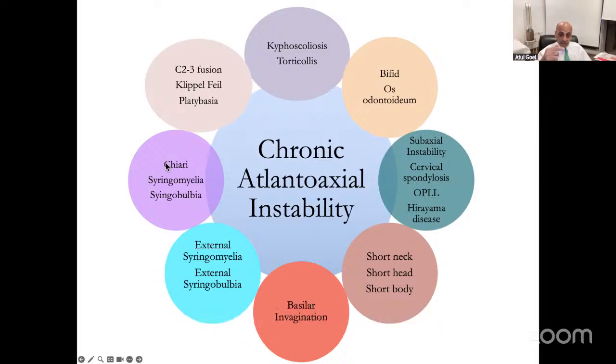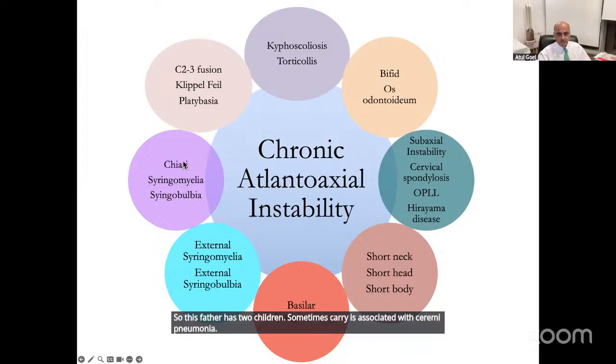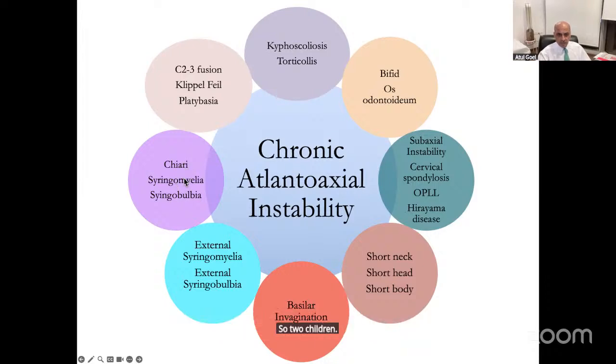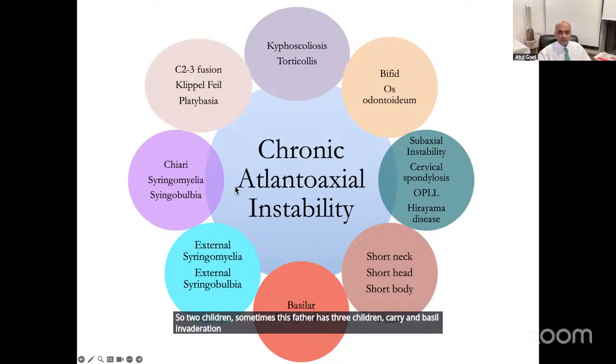Now, other thing which I mentioned is Chiari is sometimes associated with basilar invagination. So this father has two children. Sometimes Chiari is associated with syringomyelia. So two children. Sometimes this father has three children, Chiari and basilar invagination and syringomyelia. Sometimes it has four children, C2-3 fusion, assimilation of atlas. So all these entities which are here are manifestations of chronic instability.